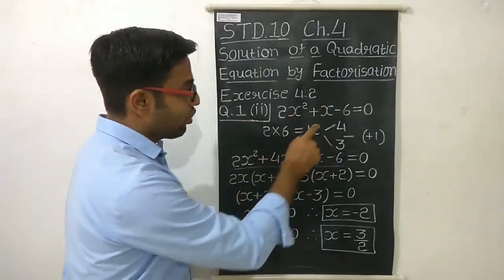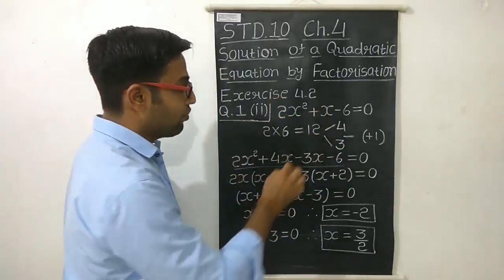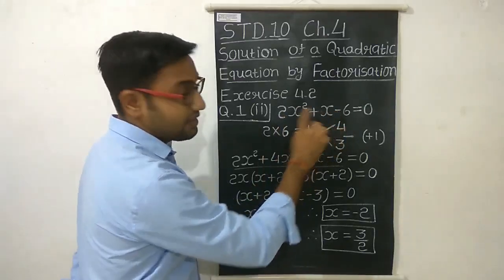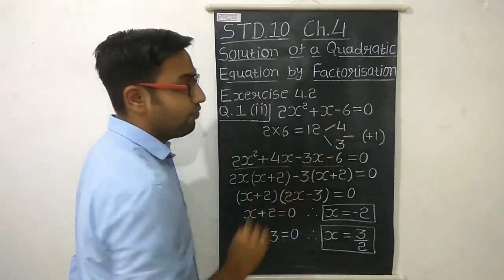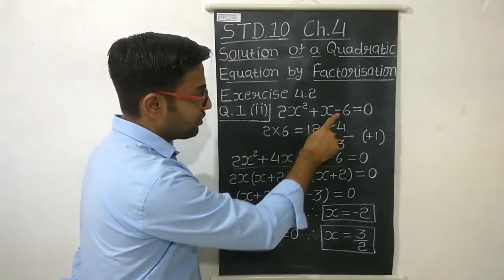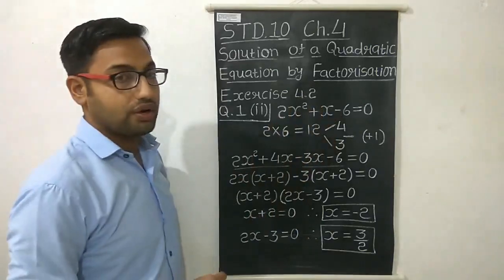Why 1? Because the coefficient of x is plus 1. Why subtraction? Because here the sign is minus. So we have to subtract both the factors of 12 such that we get the value plus 1.